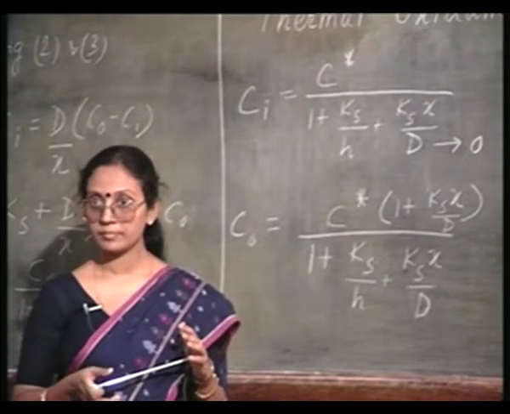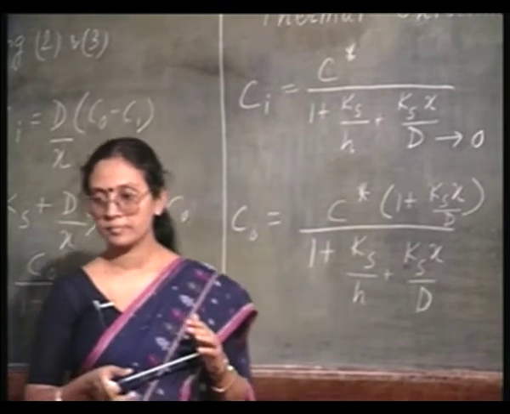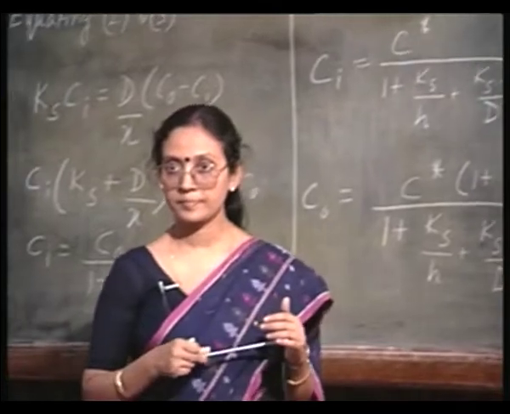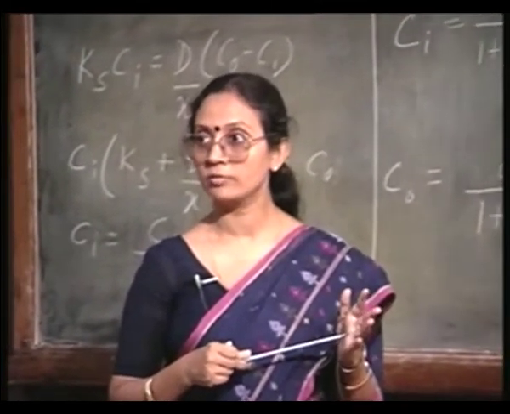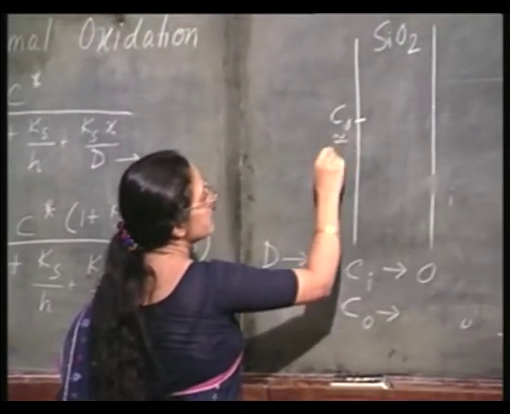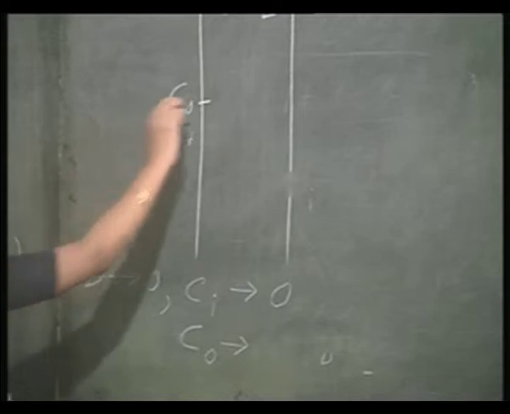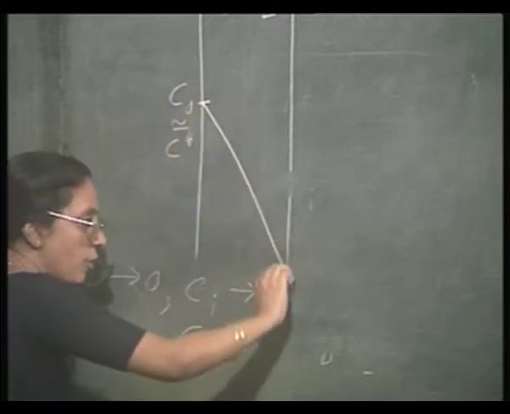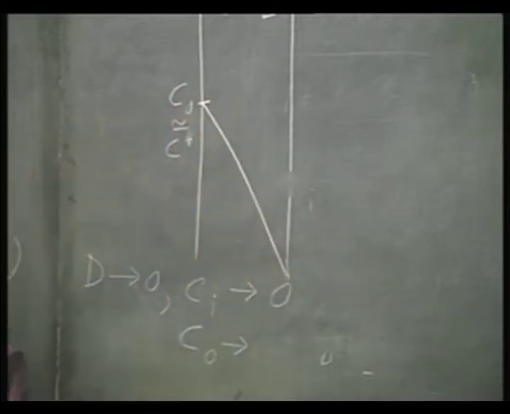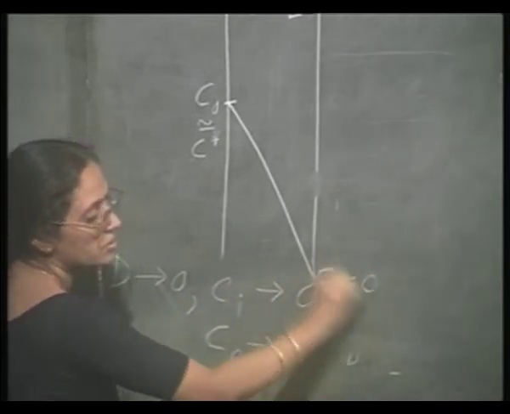Agreed? Yes or no? Yes. So, then in that limiting case, C naught is approximately equal to C star, and from there is a steep fall like this, Ci is tending to 0.